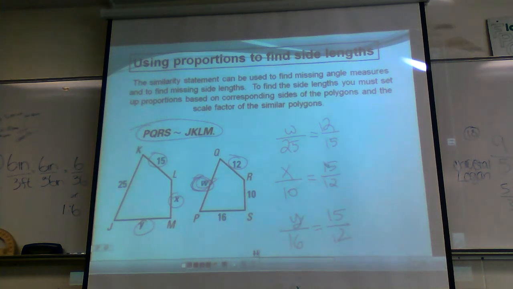And then you just do some basic cross multiplying. It's probably going to be pretty quick cross multiplying. So 15W equals 25 times 12. What is it? And 300 divided by 15 is?